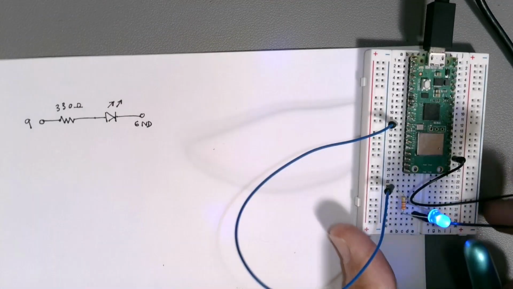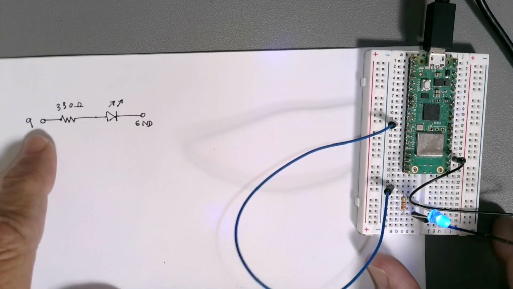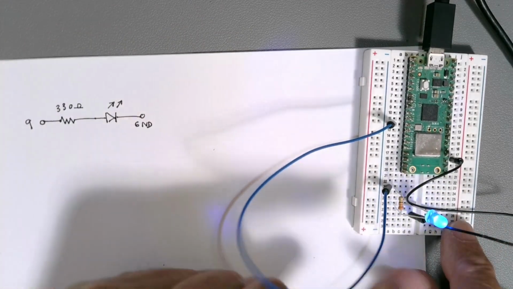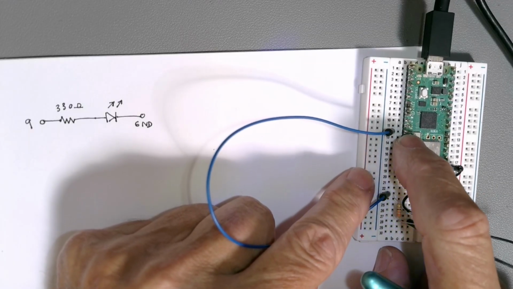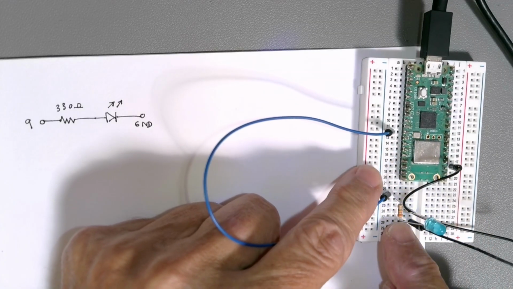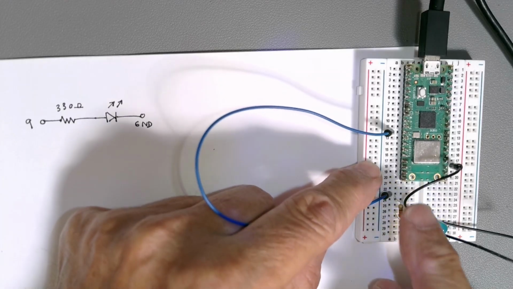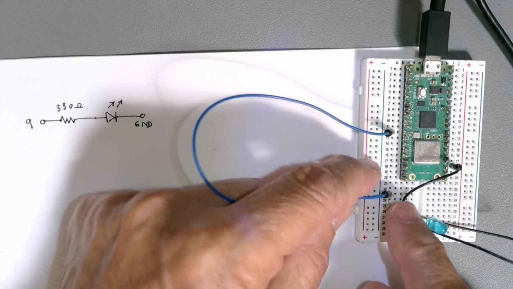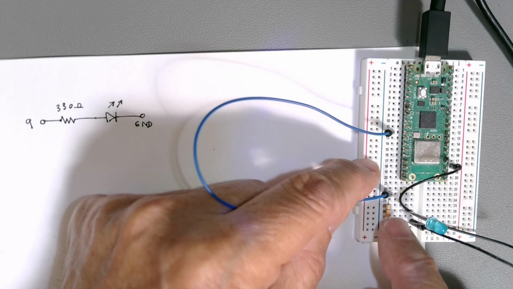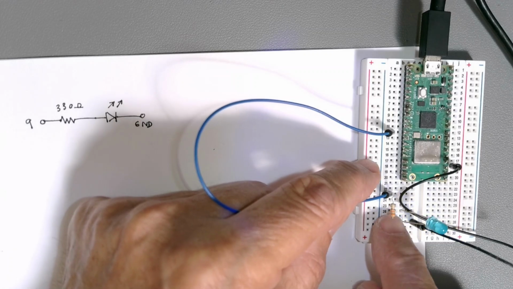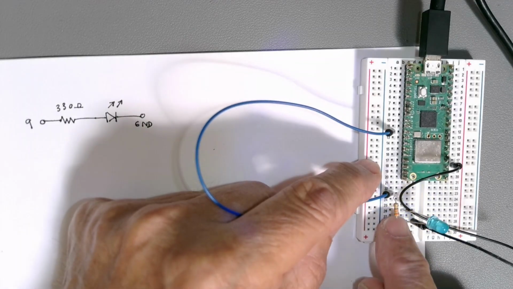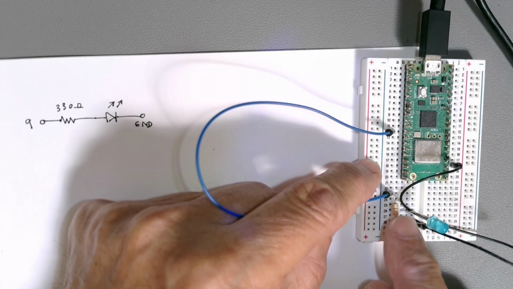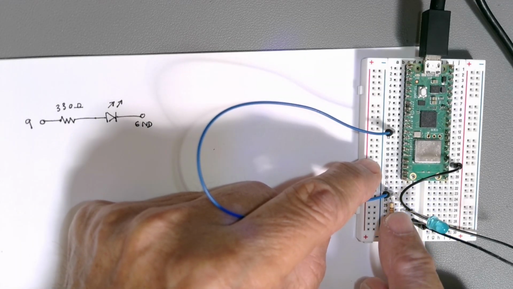Okay, so first of all, from pin 9 to the 330 ohm resistor, this blue lead goes from there. This is pin 9, but breadboard slot 12. And then you will see that connected to the blue lead through the resistor. And how do you know it's a 330 ohm resistor? Well, you can look up the color coding, or you can just make sure that it is in some other way.